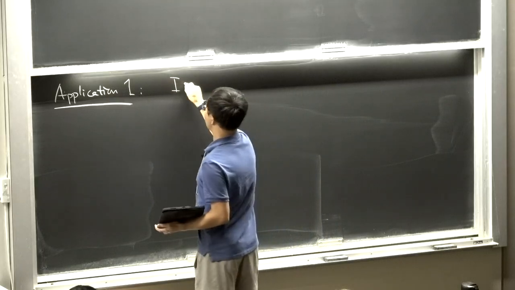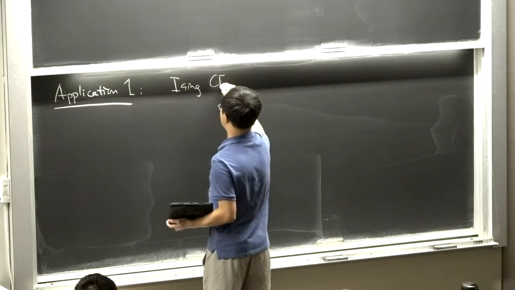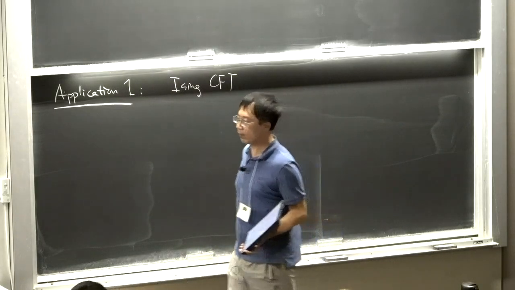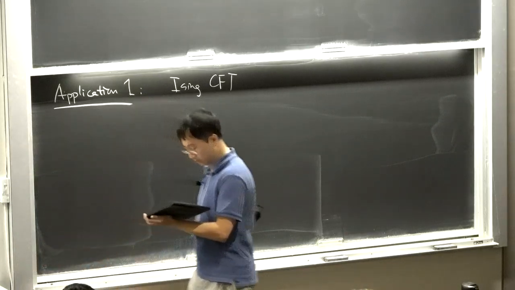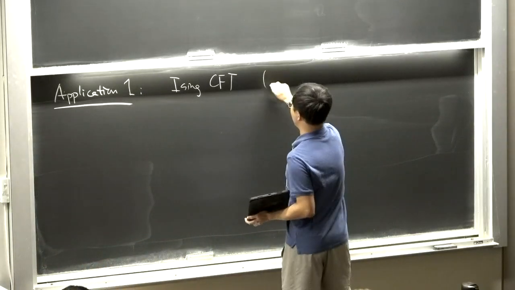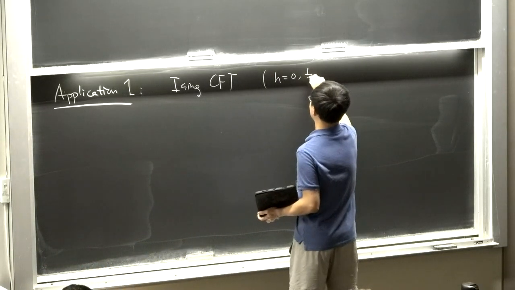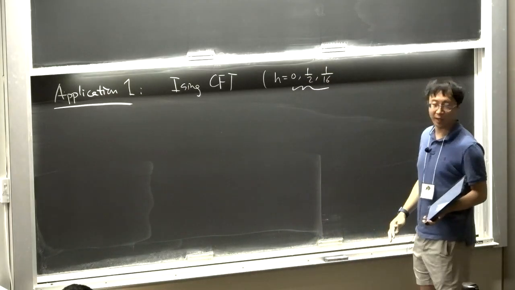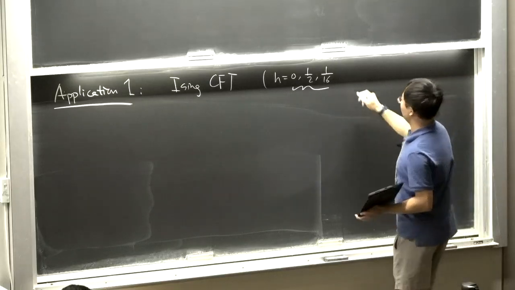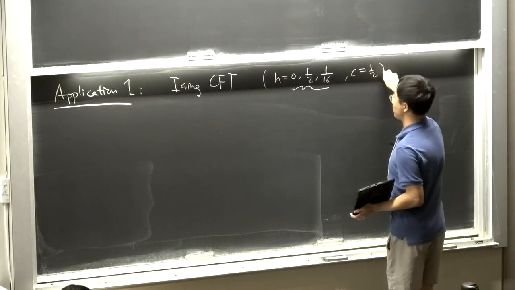And this concerns the study of this putative Ising CFT, which we promised is relevant for describing the c equals 1/2 conformal system. Just from representation theory, we already know the conformal scaling dimensions are constrained to these 3 possible values for h and also for h bar. And c is 1/2.